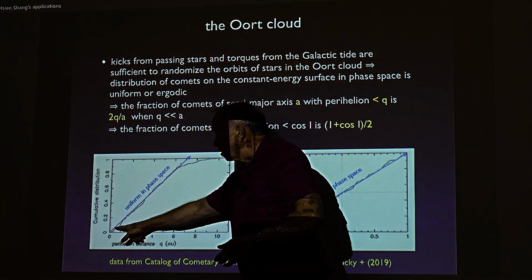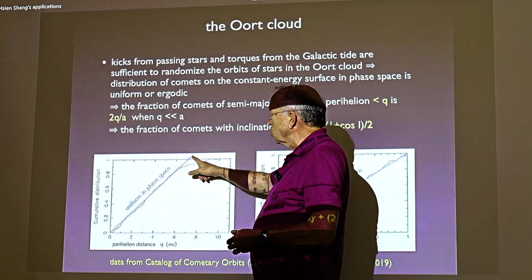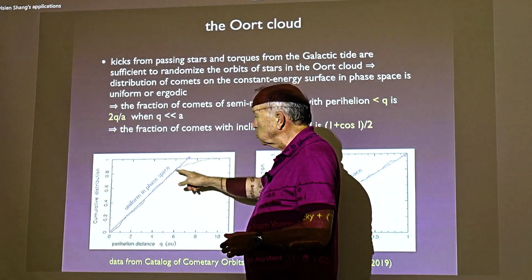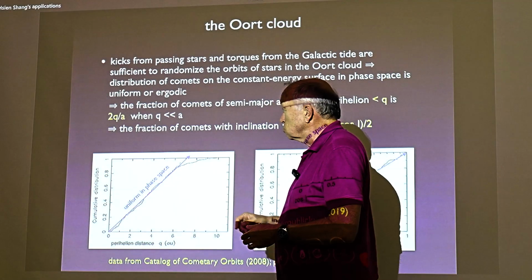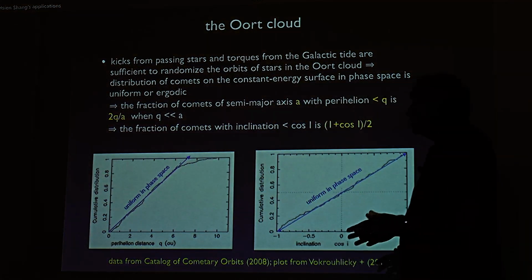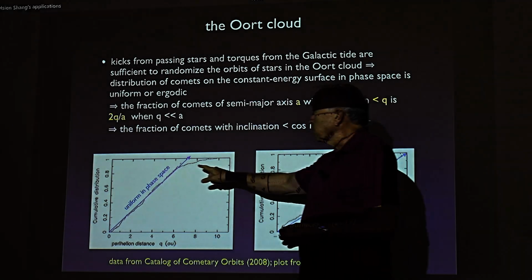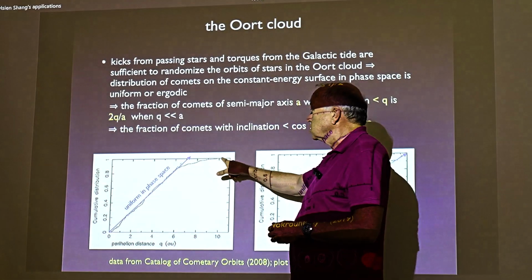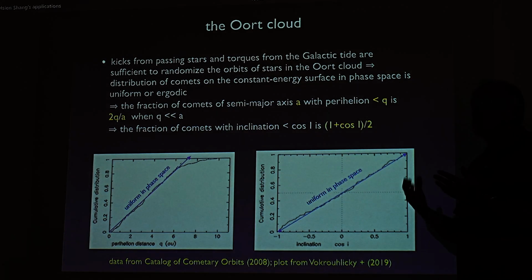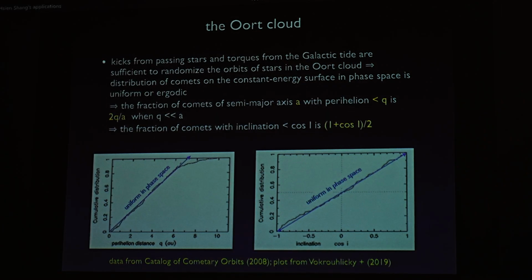This is linear. The blue curve corresponds to a linear cumulative distribution, which is what you expect. It falls away from the uniform distribution simply because it's hard to detect comets when the perihelion distance is too large. Similarly, you can say something about the orientations.